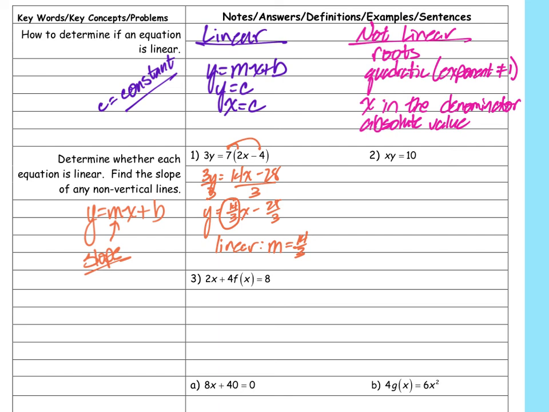Okay, so number 2, I still want to solve for y. So what am I going to do to solve for y? What do I need to do to the equation to get y by itself? Does anybody know?